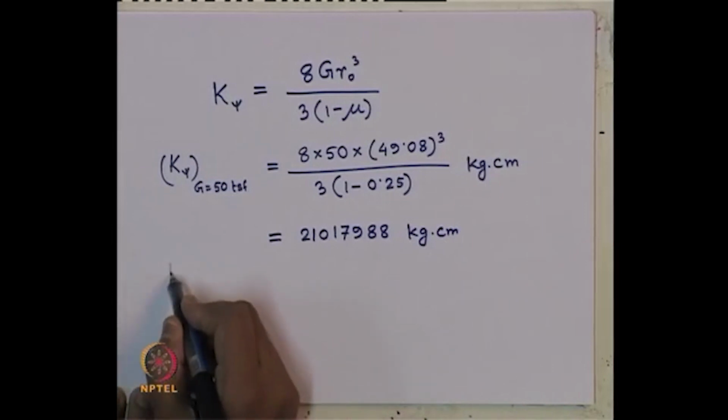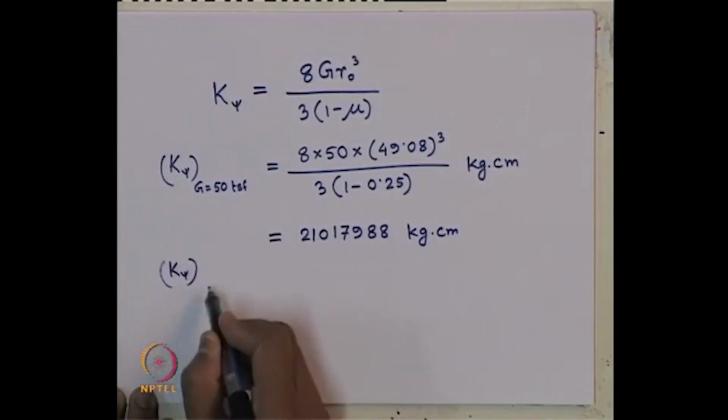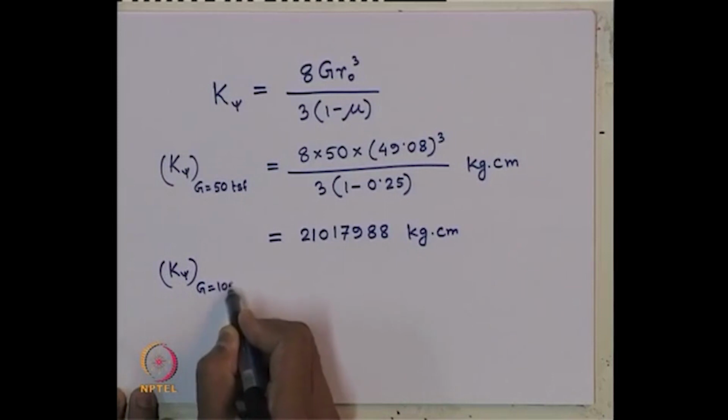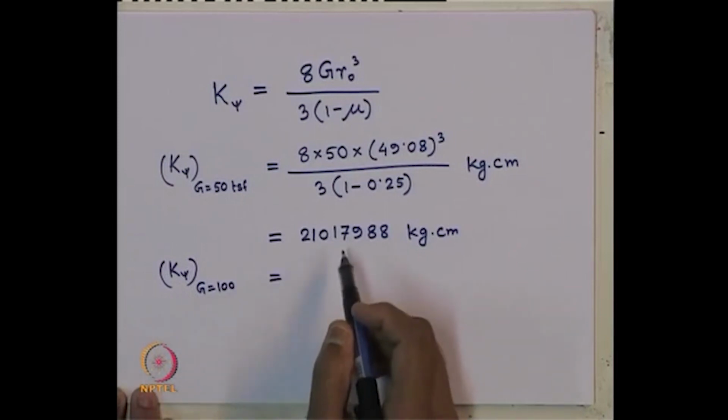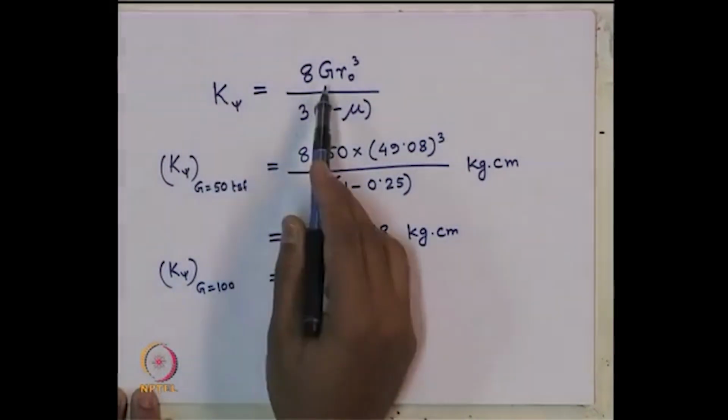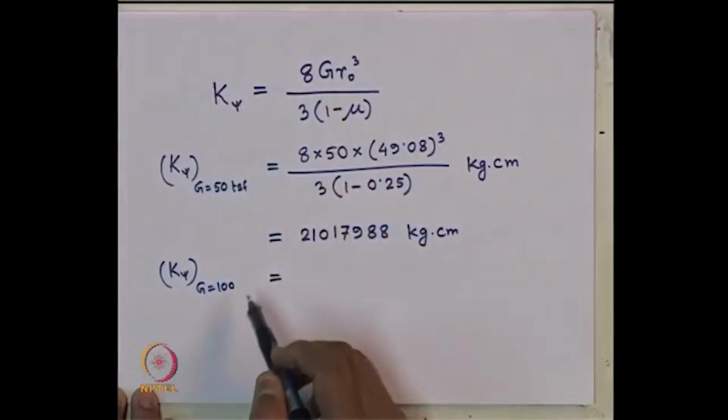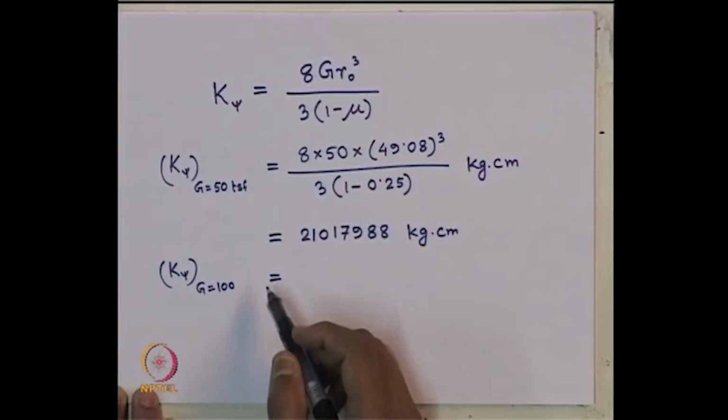Fine. For other 2 types of soil, g equals to 100, it will be again linearly related with respect to g when r naught and mu remain same.